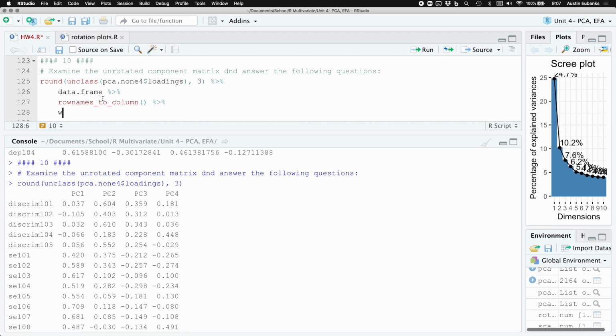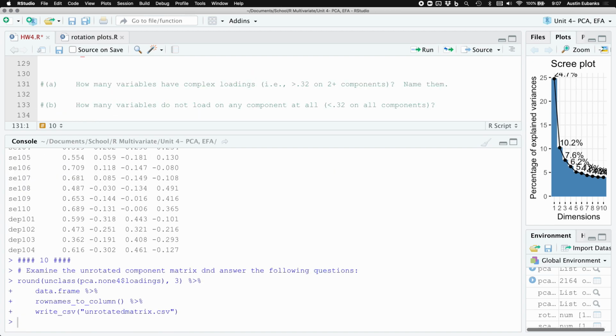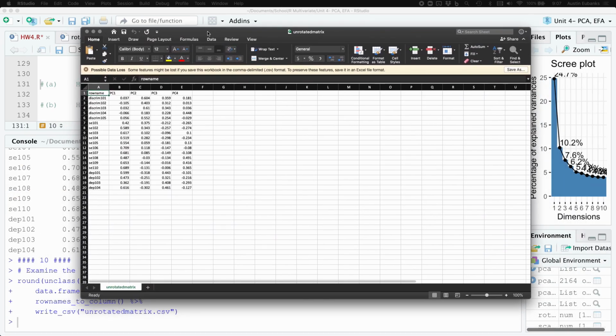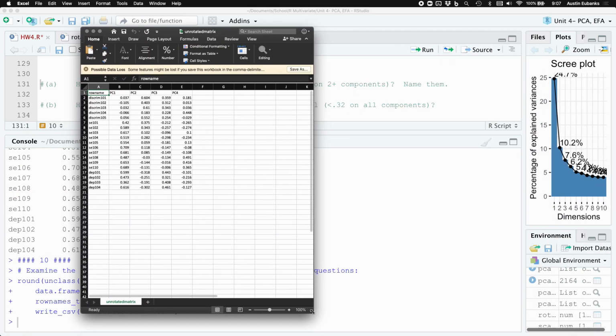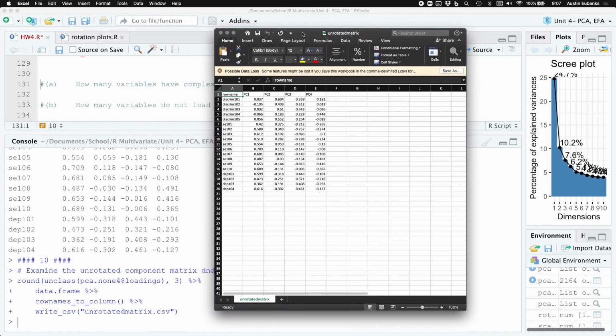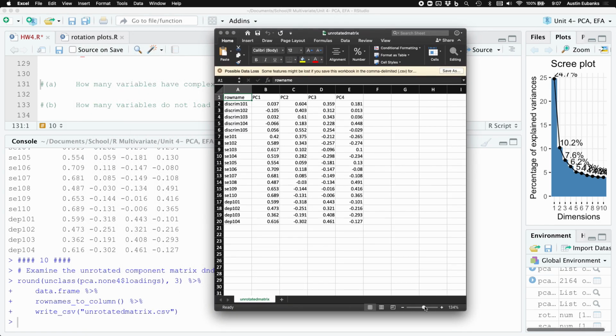And then pipe that into write_CSV. And we'll call this unrotated matrix.csv. And once you run that, in the folder of your working directory you should now see a CSV called whatever you decided to name it there. So go ahead and get that pulled up.